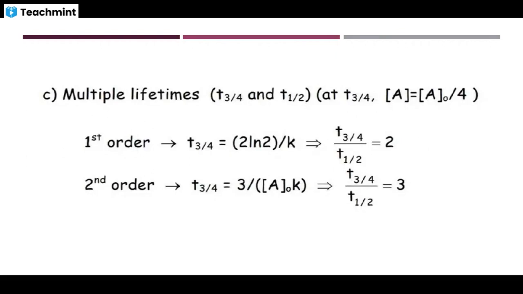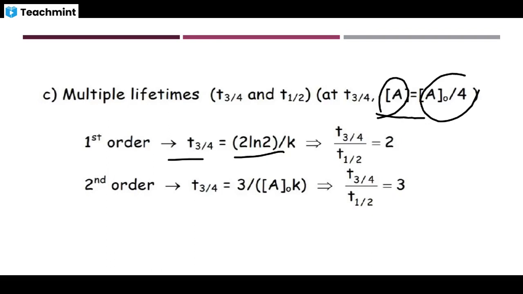Multiple lifetimes. t half is the time for the reactant to become half. So t three-fourths is the time for the reaction to go further to half, meaning the concentration of A is the initial concentration divided by 4. For first order, t three-fourths is 2 ln 2 divided by k, and t three-fourths divided by t half equals 2.